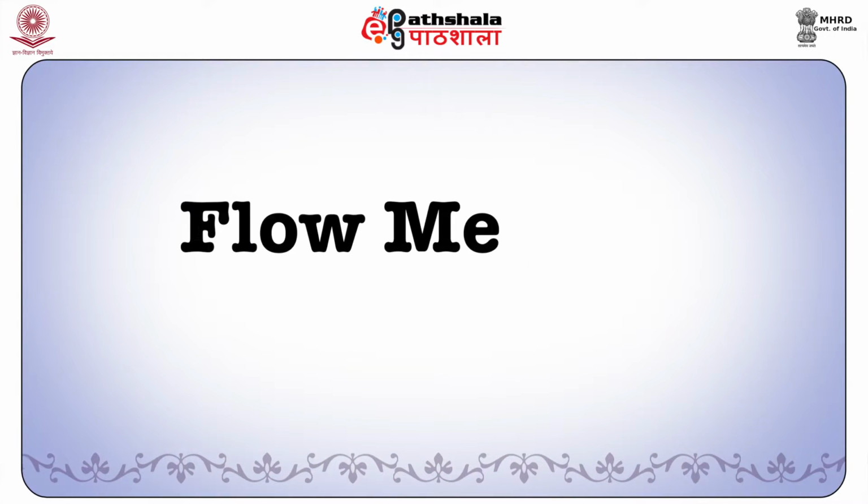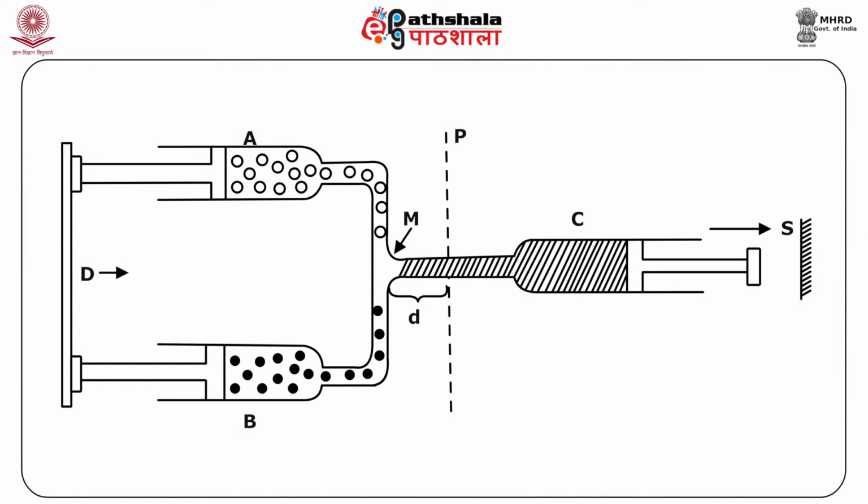Now we will see about the flow methods. The most popular flow method is the stop flow method. The diagram of its experimental setup is shown in figure. Two syringes A and B contain distinct reactants and are fitted with proper valves.